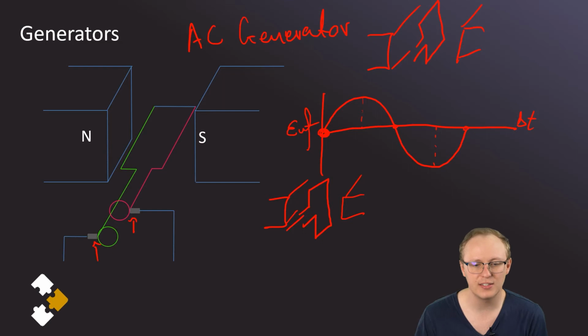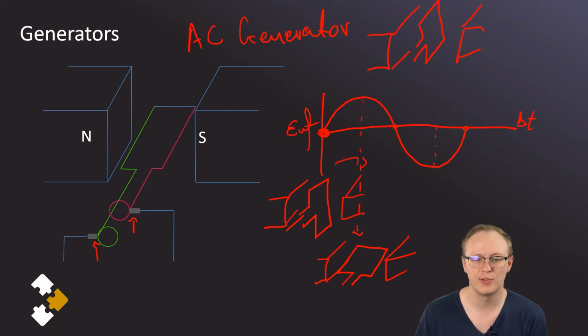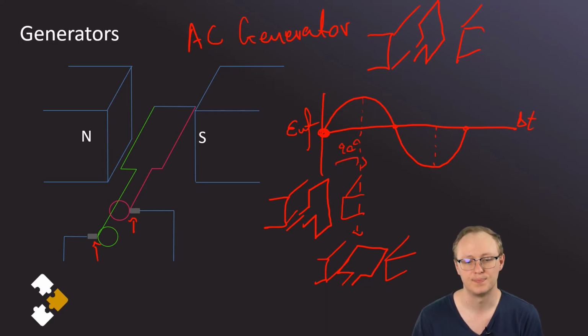Then 90 degrees later, that is when we're going to have a maximum induced EMF. So the maximum induced EMF is going to take place when the plane of this armature is horizontal. Okay, so when it's in that position there, and so far we've only rotated 90 degrees.